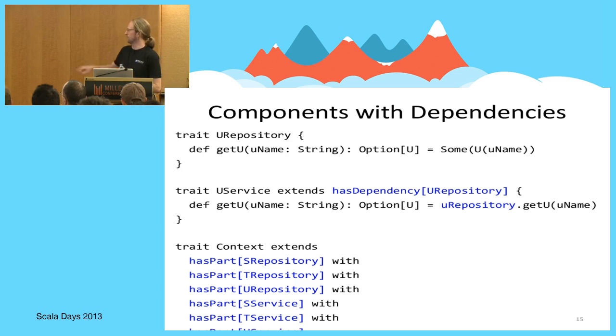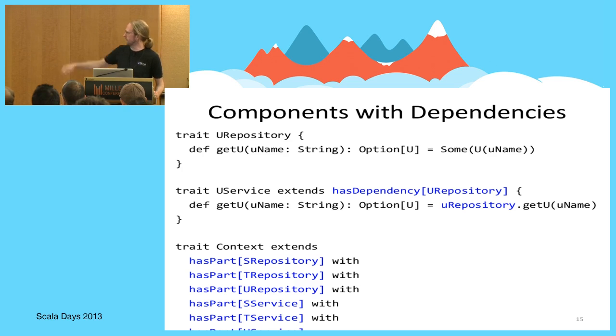So I'm going to declare a dependency on the U repository, and then I'm going to have a getU method with a very similar signature, and it's just going to delegate to the U repository. What this dependency means is, by the time I'm in a component and inside an application, I'm going to have been provided this U repository injection. So right now I can use it. I'm abstract, but I can use it.